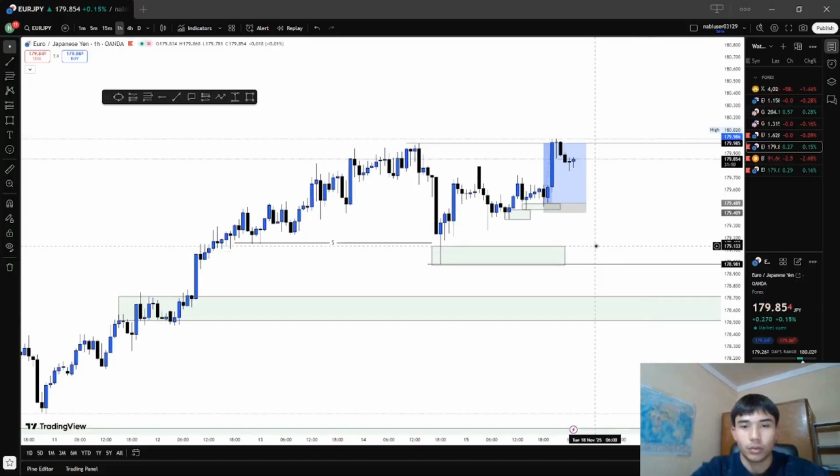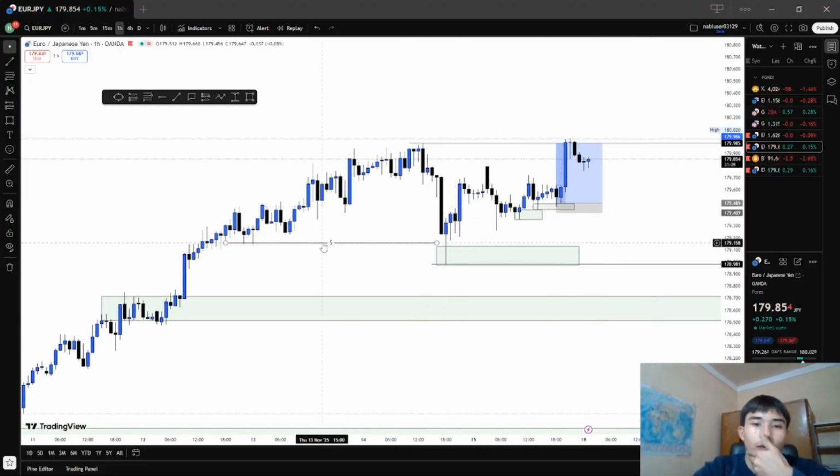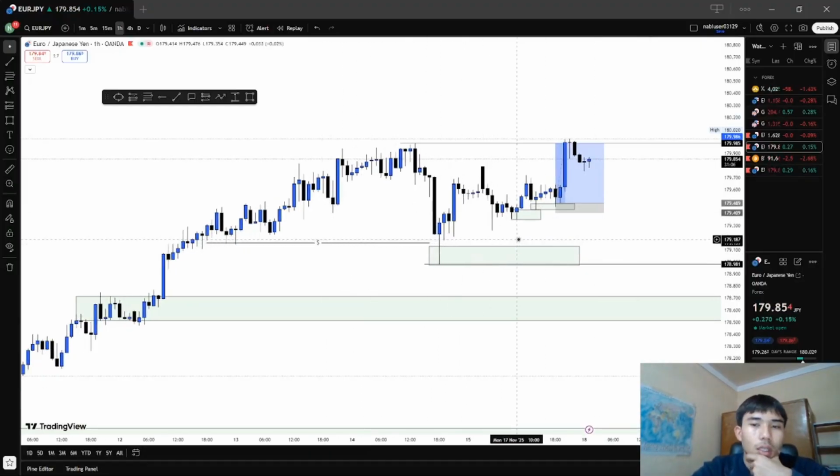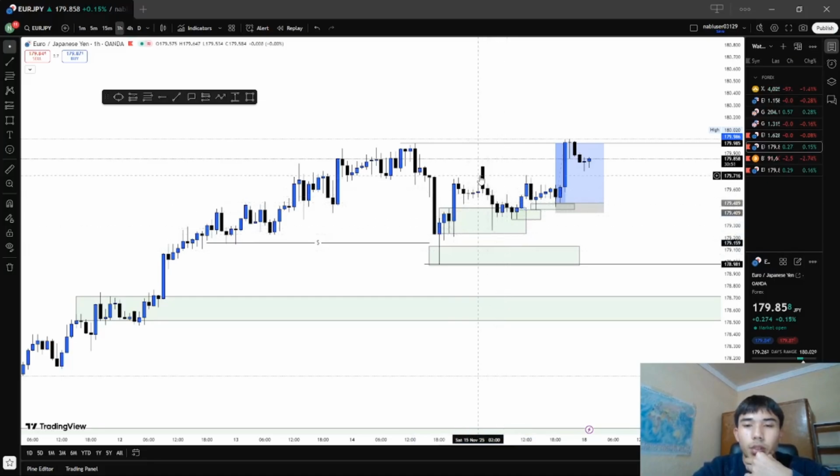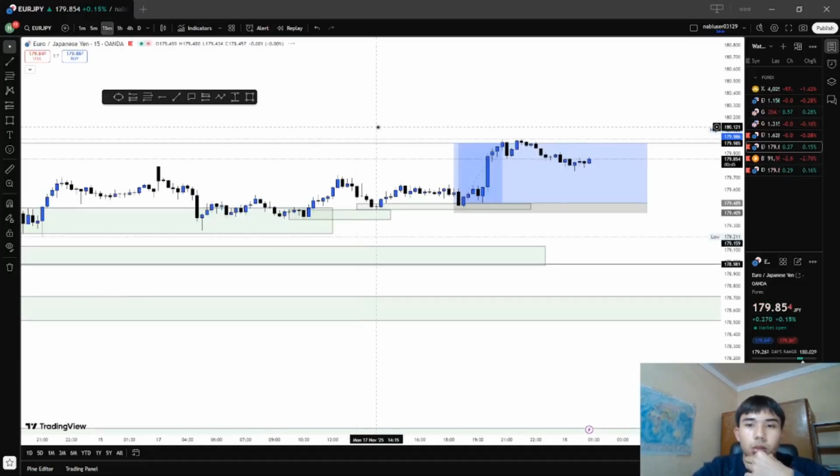You know the drill. So we have swept liquidity and strong demand zones, because all of our demand zones are getting respected. Like here, because they swept this demand zone, it respected it. Price came here and went right up.